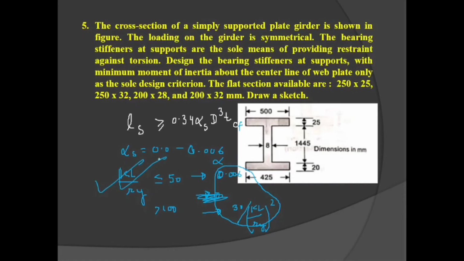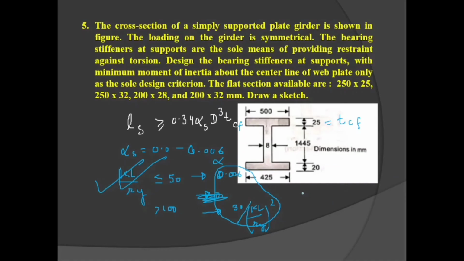So alpha is okay. Now we can calculate the value of LS, that is 0.34 alpha S D cube T, where T is the thickness of the compression flange. The thickness of the compression flange is given here, TCF equal to 25 mm. Okay, so LS we can easily calculate.